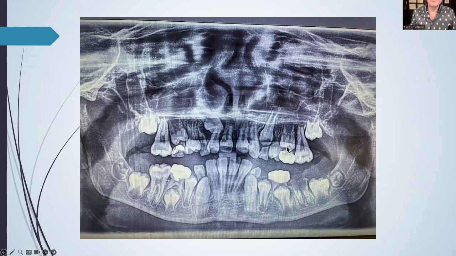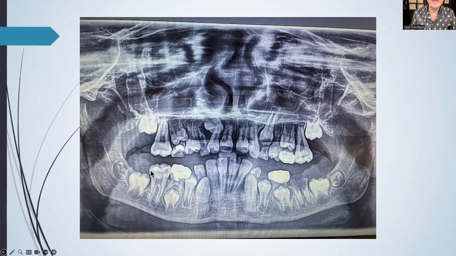So that mixed dentition is you've got the permanent teeth in the front, and you've got the permanent teeth at the back, and all these teeth over here are what we call your primary teeth. Now, if you have a look at these teeth on this side over here, where I have the indicator, you can see this dark area underneath the white area.